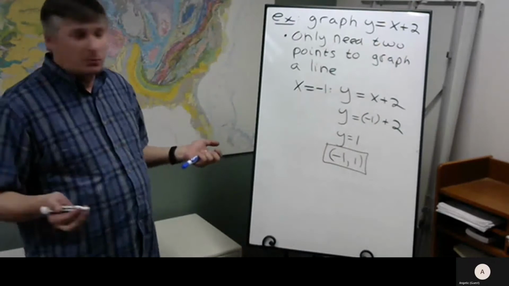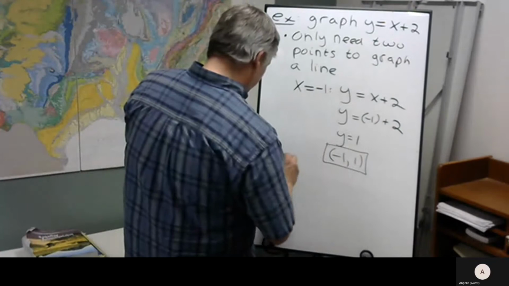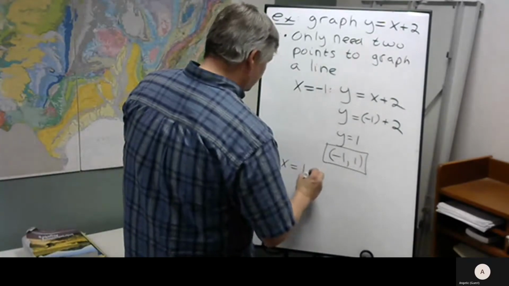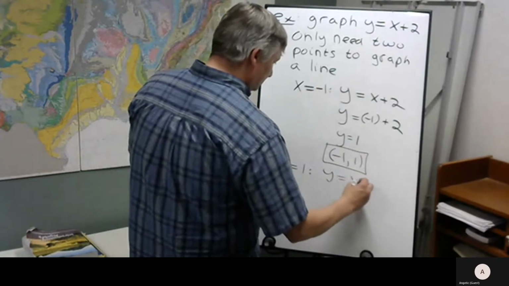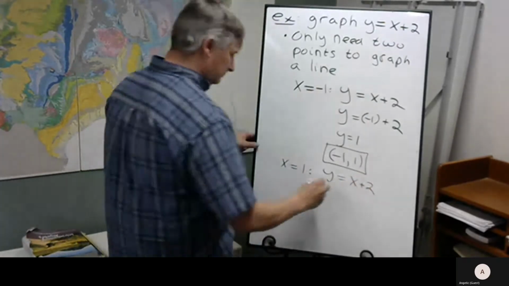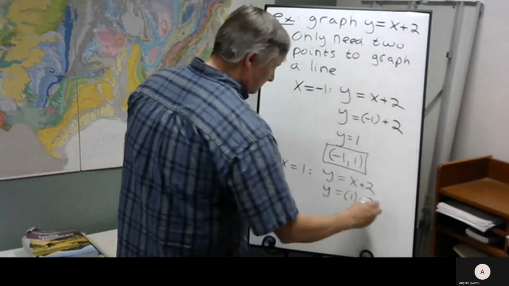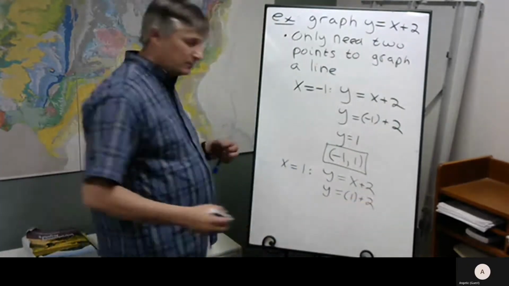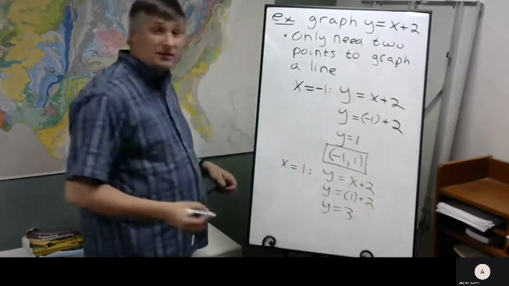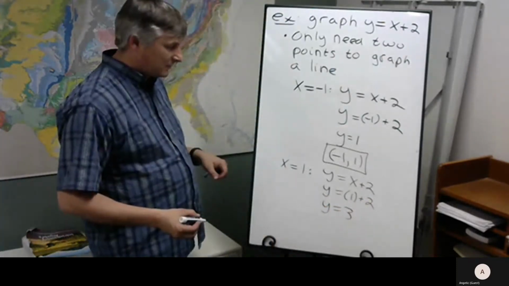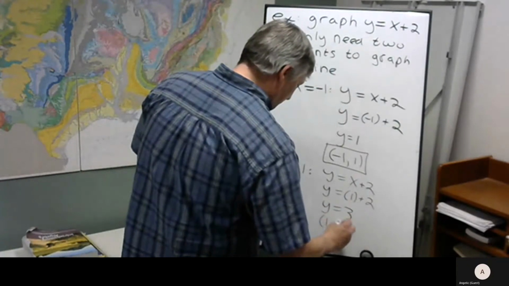So let's go with another one. Say x equals 1. So y is 1 plus 2, or y is equal to 3. And so that gives us 1, 3.